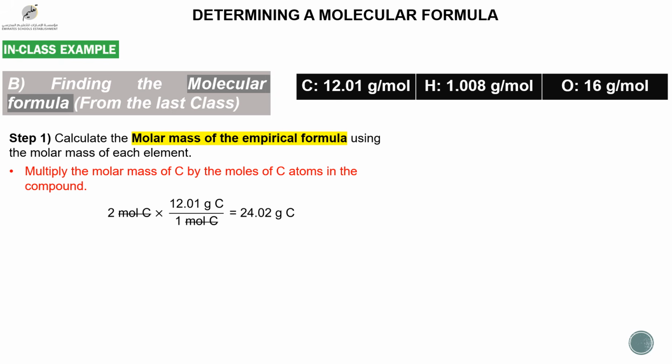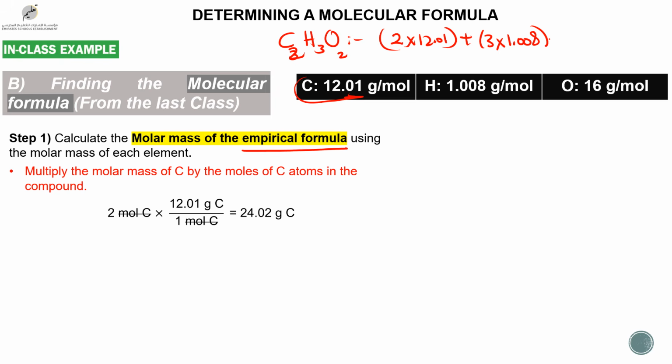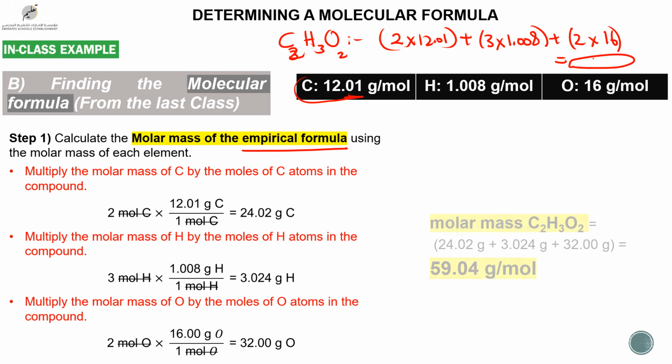So to find the molecular formula, step 1 is to calculate the molar mass of the empirical formula. It's C2H3O2, right? So directly, 2 times 12.01, the molar mass of C, plus how many H do we have, 3 times 1.008, plus how many O do we have, 2 times 16.